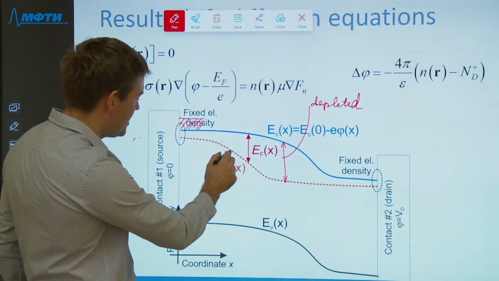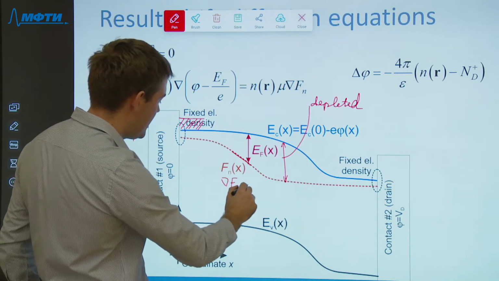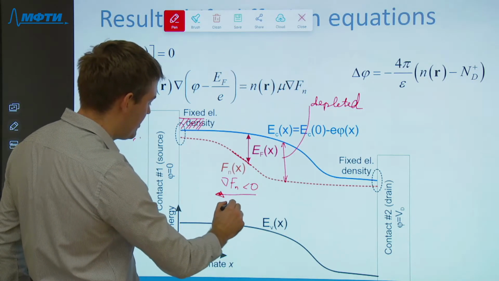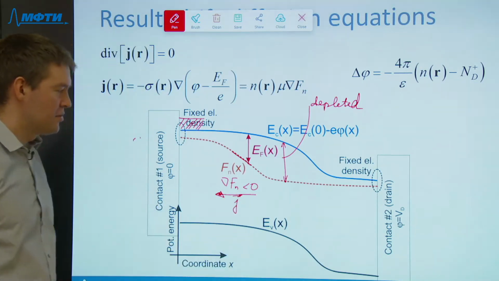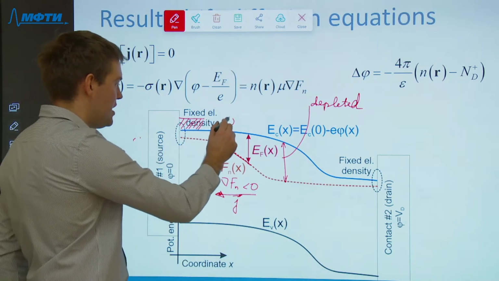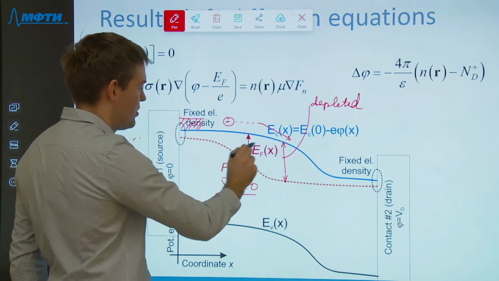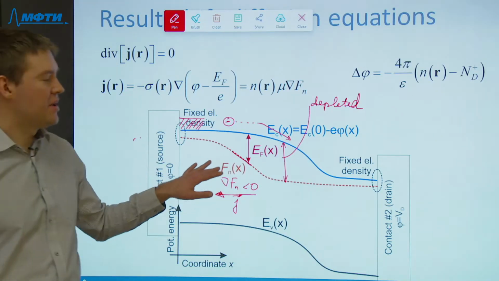The gradient is here negative, and it means that the electric current is moving to the left, and it corresponds well to the situation that electrons, negative charge carriers, move toward the bottom of the band diagram. So everything is well with directions here.